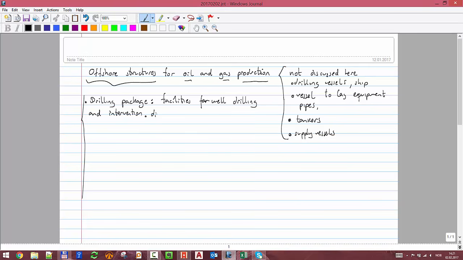That means the drilling tower, you need to have the BOP, you need to be able to circulate mud, so you need the mud pumping and processing system, and you need a cementing system. The mud pumping and processing we usually call the mud package.